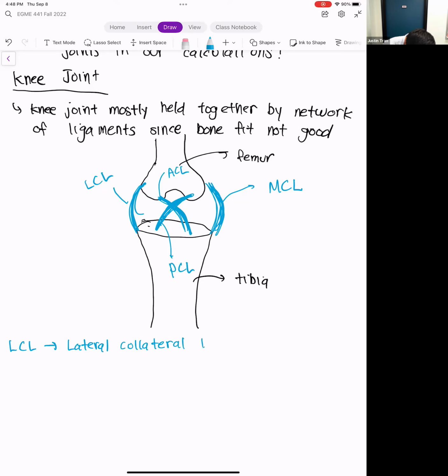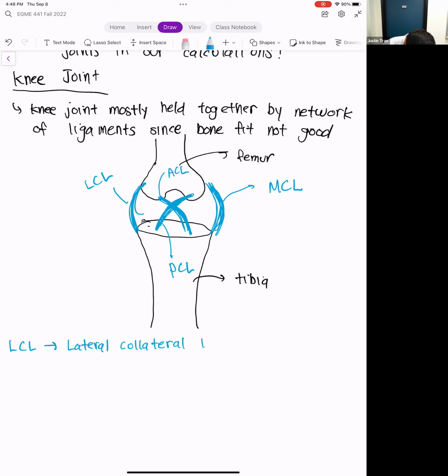Lateral means it's on the outside of your body. Medial is on the inside, or closer to the midline. So the MCL is the medial collateral ligament.